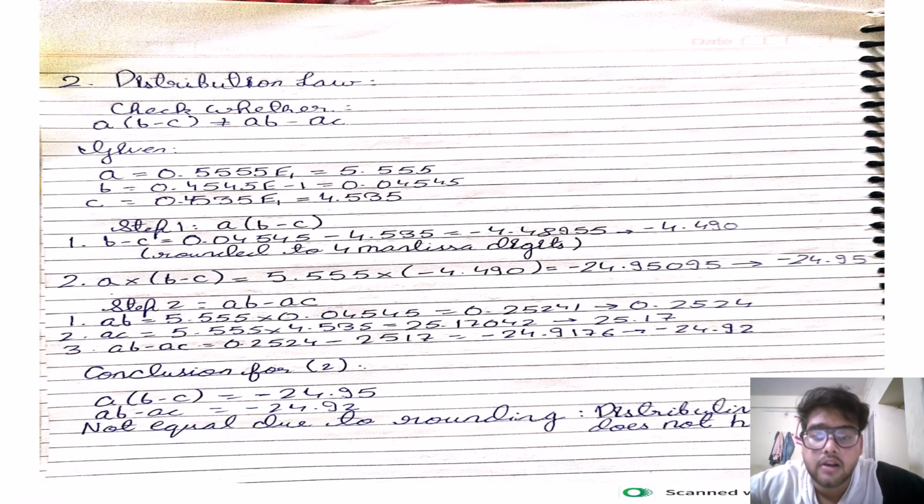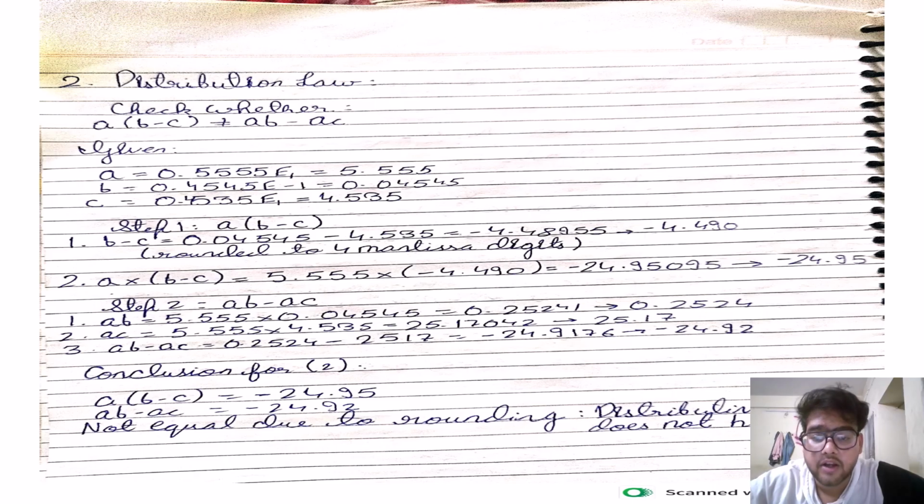Next, we will check the distributive law of arithmetic with another equation. In this equation, we have to check that a times (b minus c) is not equal to ab minus ac. We are again given the values of a, b and c. After the exponential calculations, we will get the precise values of a, b and c.